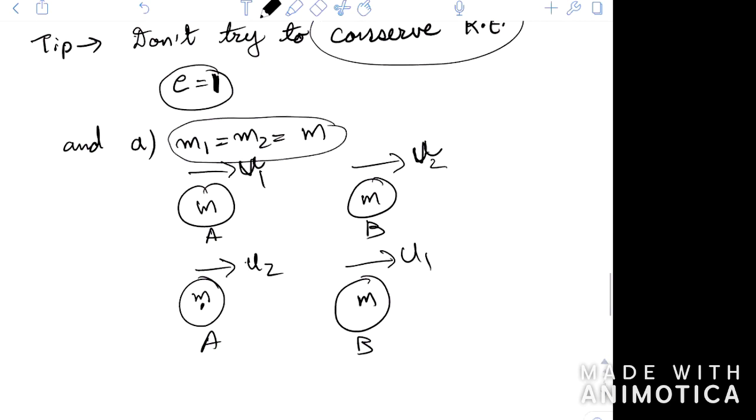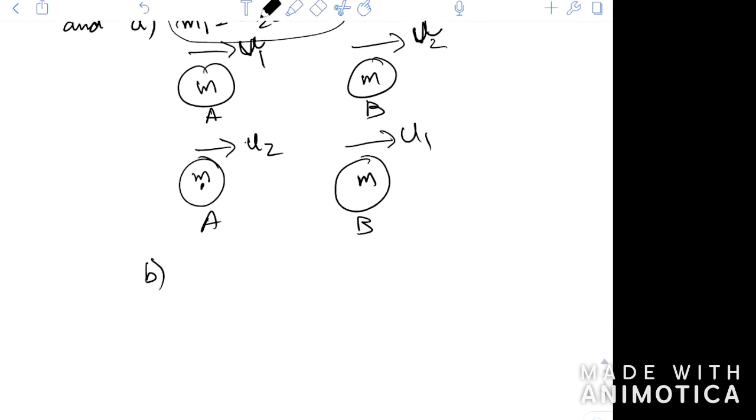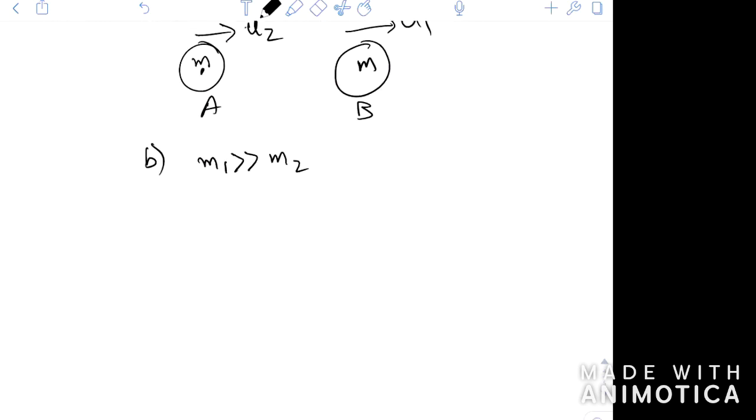Now the second case can occur, that m1 is very large as compared to m2. So suppose there is a train going with some velocity u1, let's call it the initial velocity, and there is a ball here having some velocity u2.